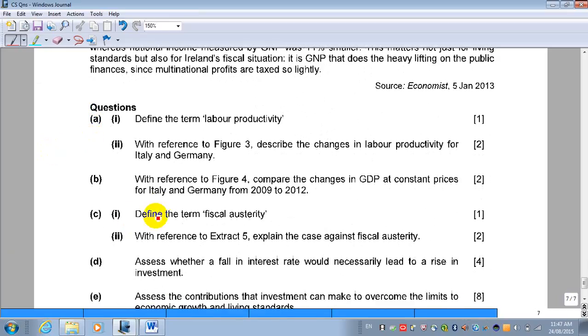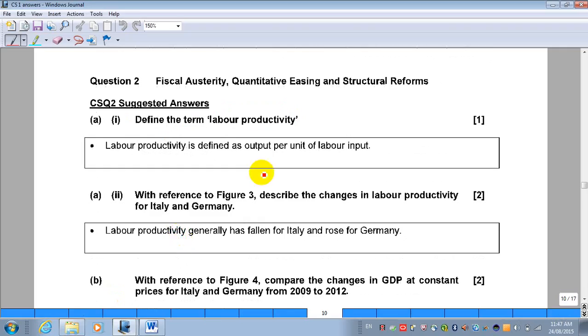Now, A part 1 is about the definition for the term labour productivity. Take note that it's actually about the amount of output that can be produced per unit of labour. Take note of this particular term, per unit of labour input.